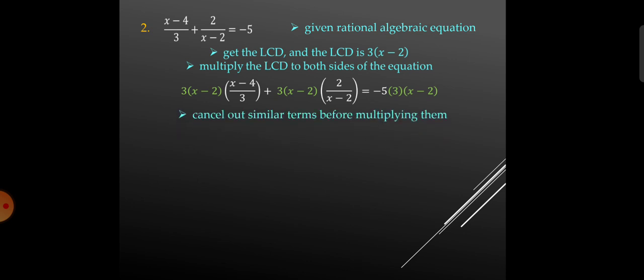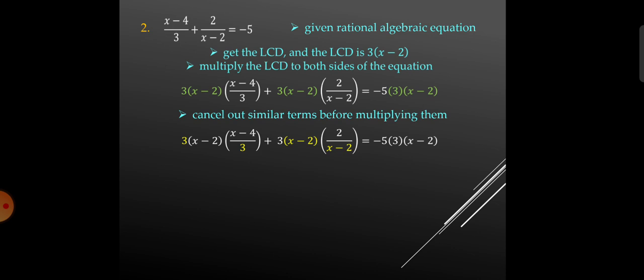Cancel out similar terms before multiplying them. So, asa may mga similar, no? Ang kanang nakasulat nga green nga 3 times x minus 2, that is considered na sa numerator. Ibabaw na siya. So, pwede siya makacancel sa mga denominator nga naa sulod sa white parentheses.